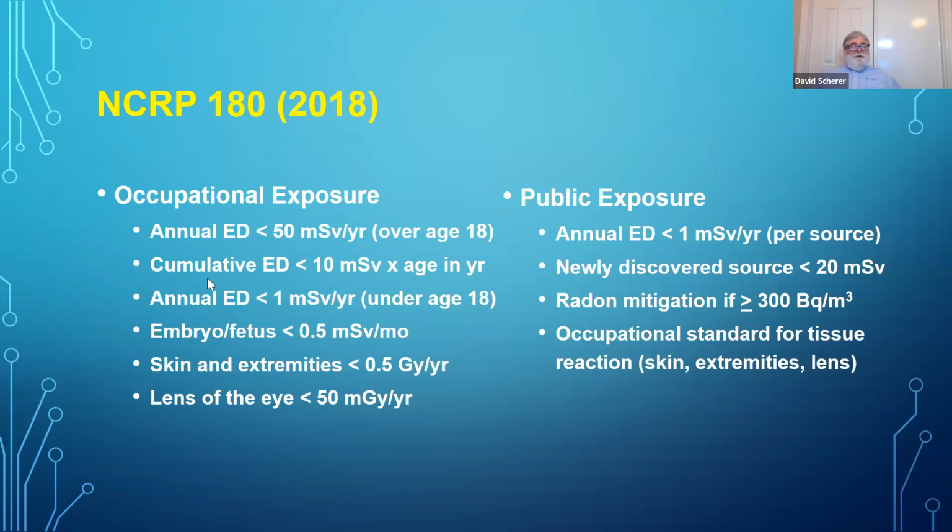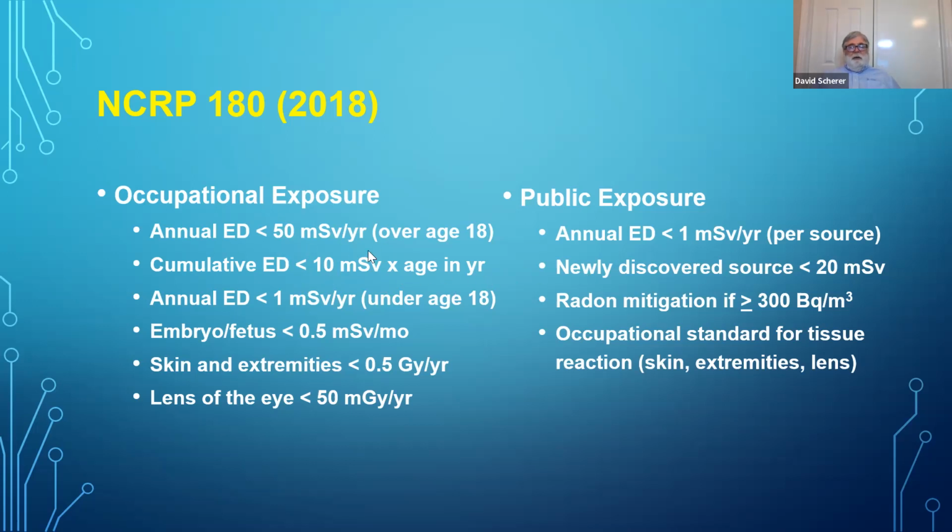They do have a lifetime limit, a cumulative effective dose limit of essentially 1 rem per year times your age in years. So it used to be 5 rem per year over the age of 18 when I first got into the business. And now it's 1 rem per year times your age in years.